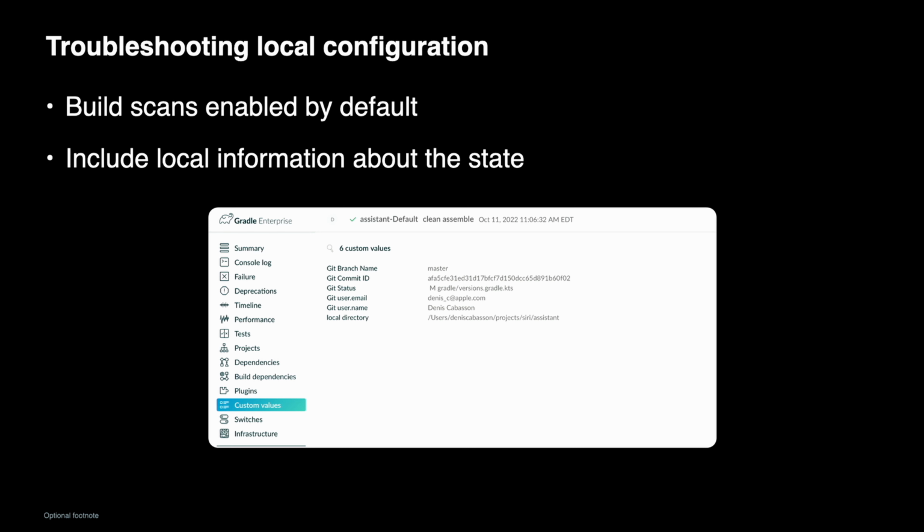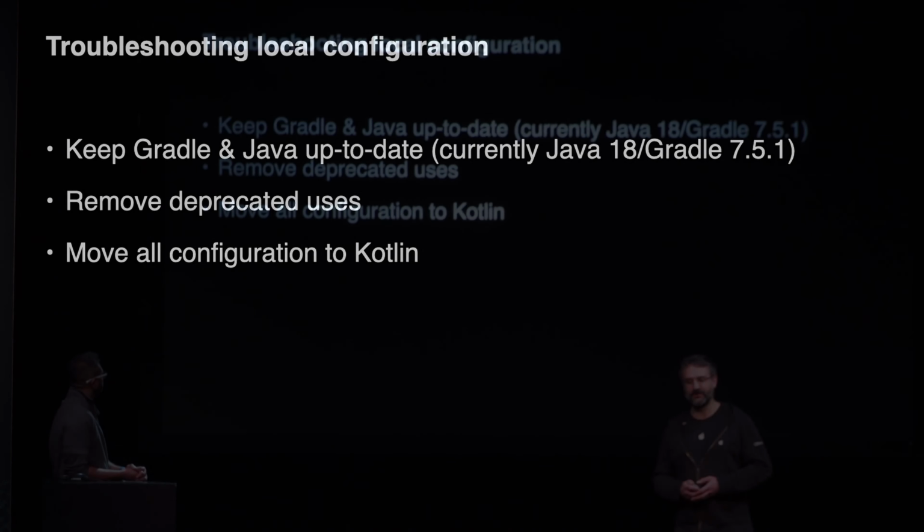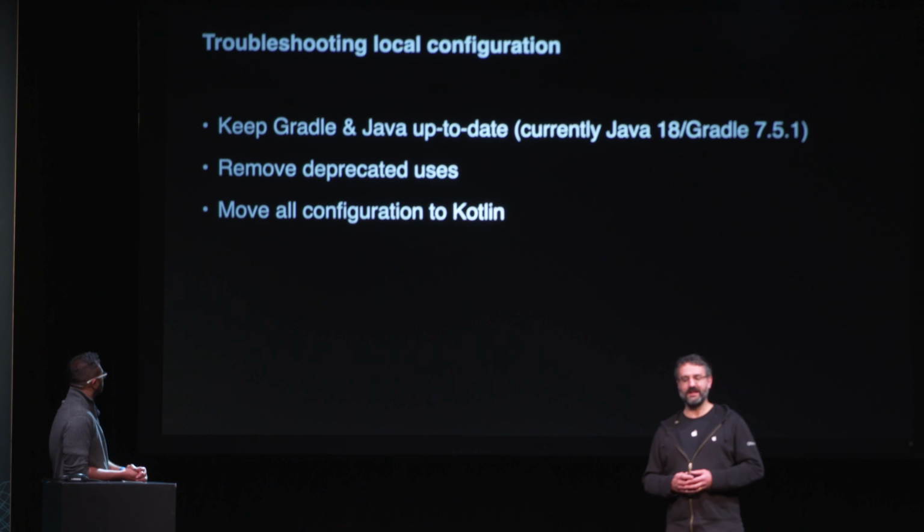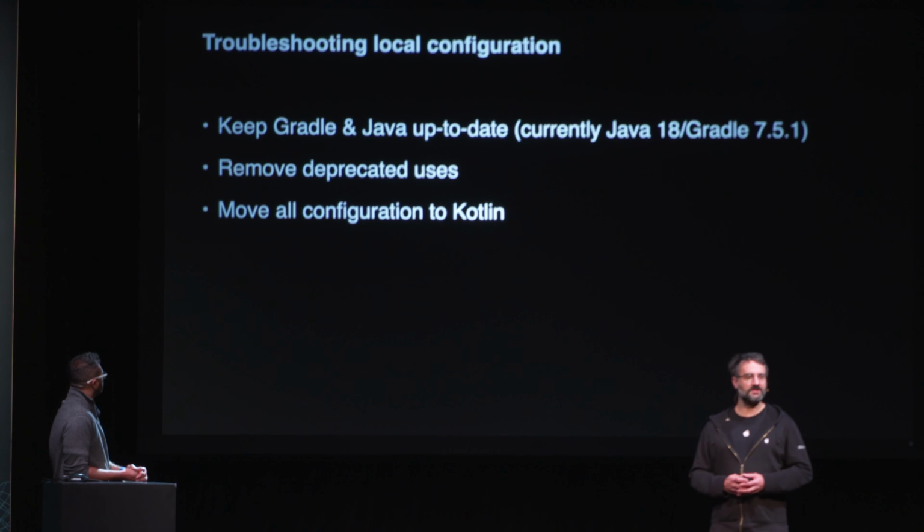That proved a lot of help to us to understand the famous "it doesn't work on my machine," and "yes, I have the latest master, I haven't made any change." But as soon as you start digging into the build scan, you could find the information of what was going on, and that helped us troubleshoot issues for developers.